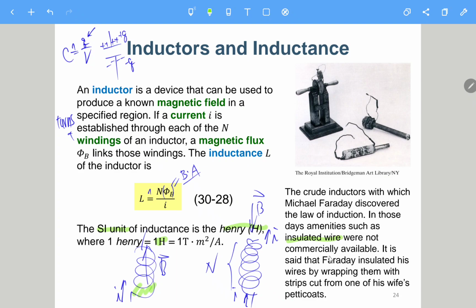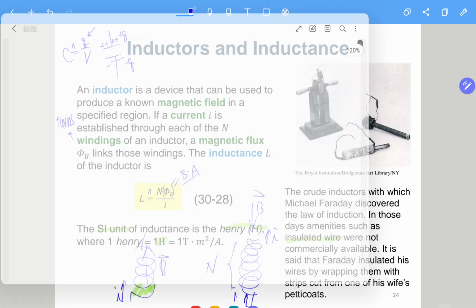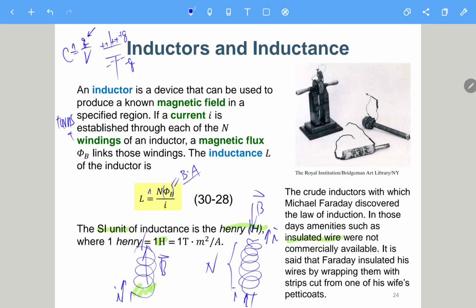Insulated wire means suppose you have some conductor for the wire. This is a wire. If we just have this wire, and then we have another wire to touch it, then there will be a short circuit. Or if we use the wire to go like this, and the adjacent turns touch each other, then it will not be an inductor.